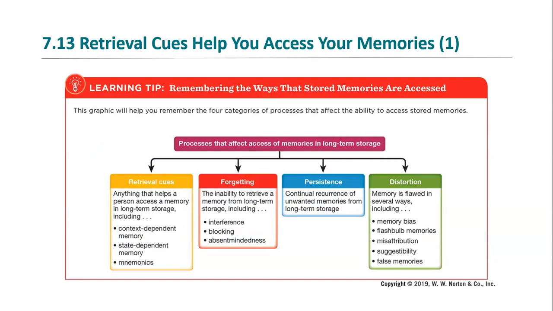There are a number of different cues we can use to retrieve information that's been stored in long-term memory, including context and physiological state. But we do forget things, and we do distort memories, and sometimes we can't forget stuff that we'd like to, which is the opposite problem.